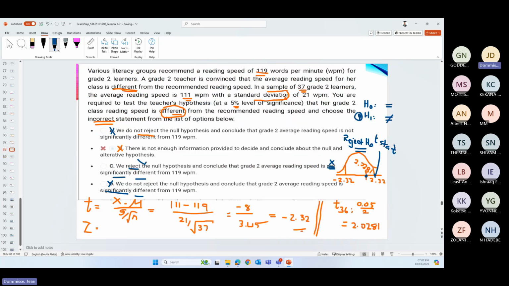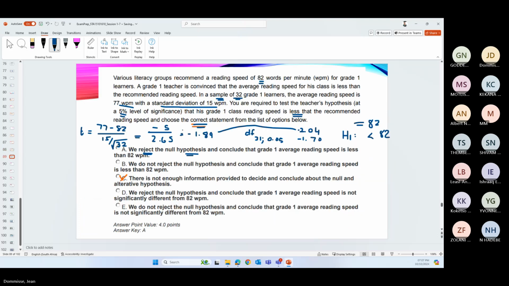So if the t-stat that we worked out is bigger than the critical value, we will reject the null hypothesis. If that one is smaller than that one, we will accept. So let's quickly see.